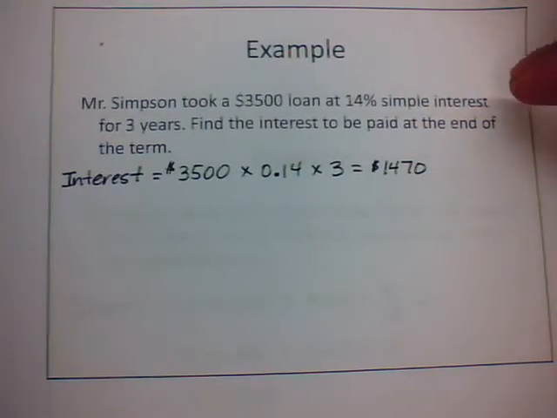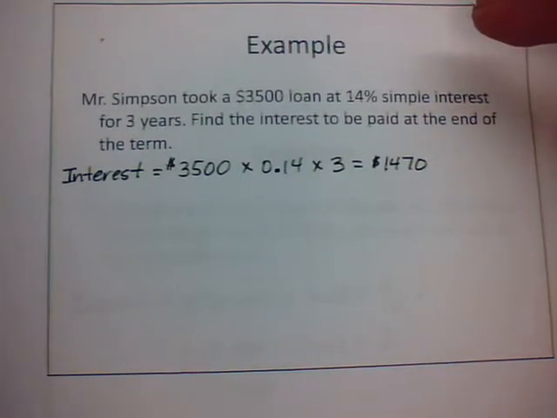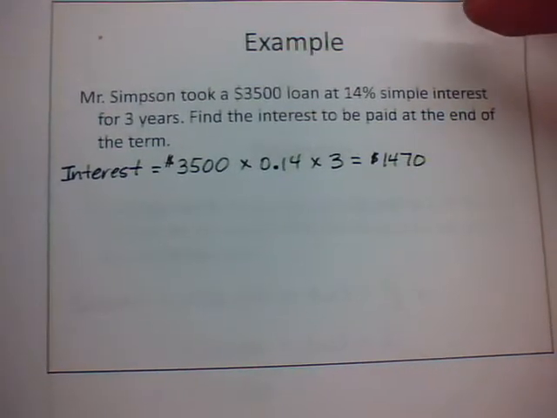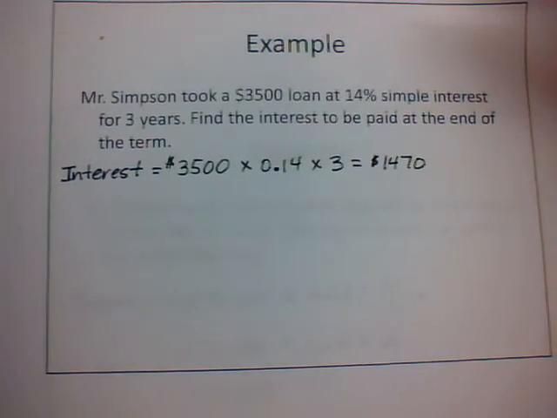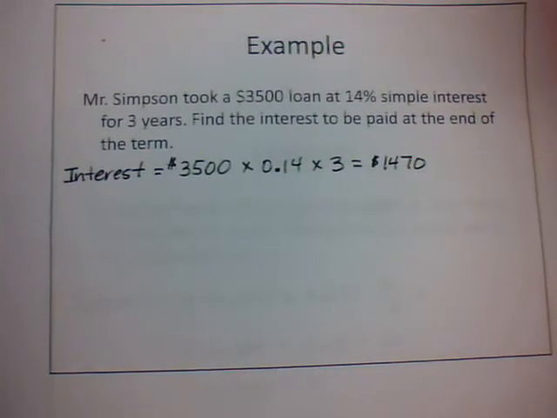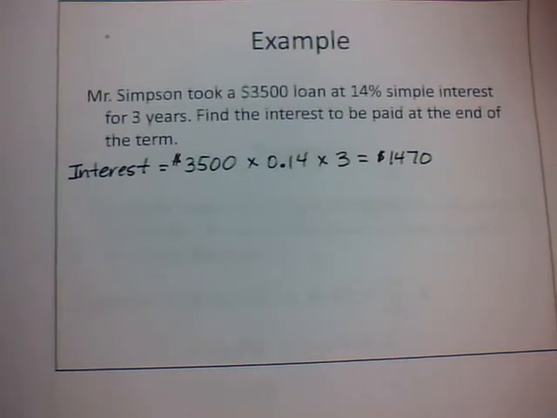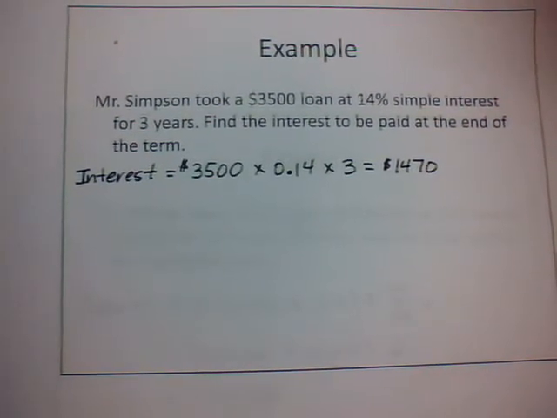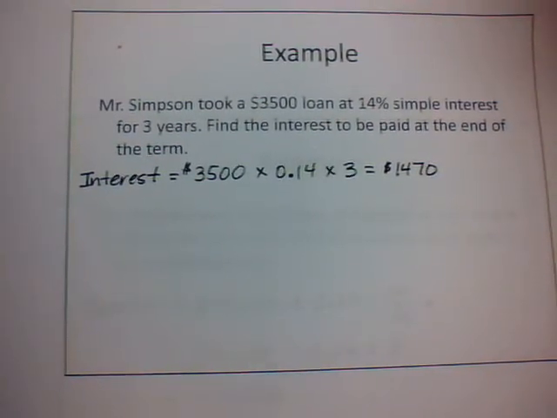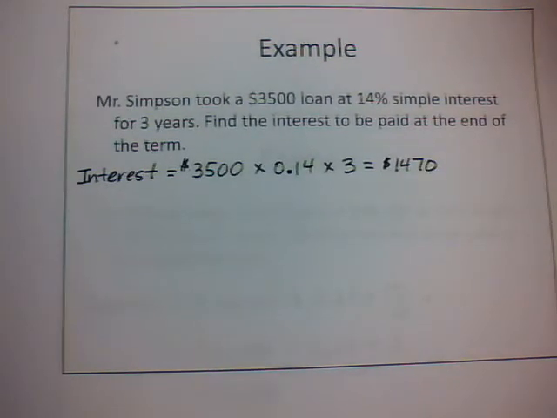Keep in mind to change 14% to a decimal, we drop the percent sign, move the decimal point 2 places to the left, so it'll be 0.14 times 3 years. So if we multiply that out, you'll get $1,470. So the interest that will be paid at the end of 3 years on a $3,500 loan at 14% simple interest will be $1,470.